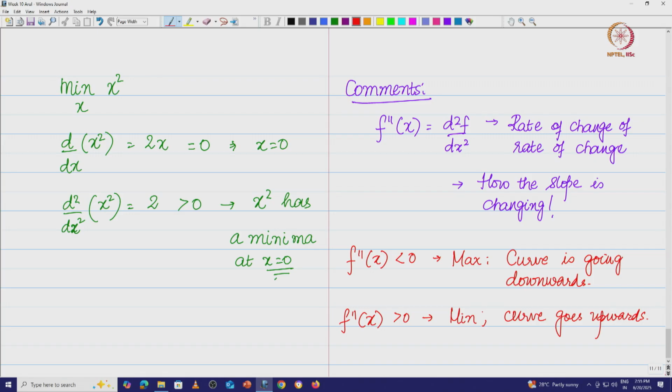Let us take another example where we are just going to look at a simple function, f of x is equal to x cube.